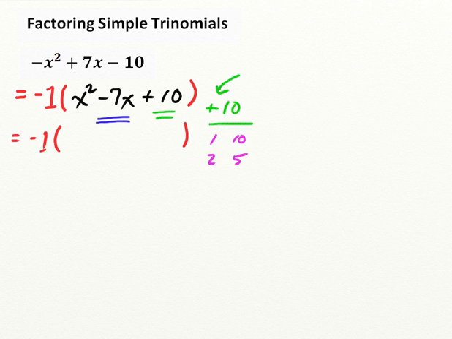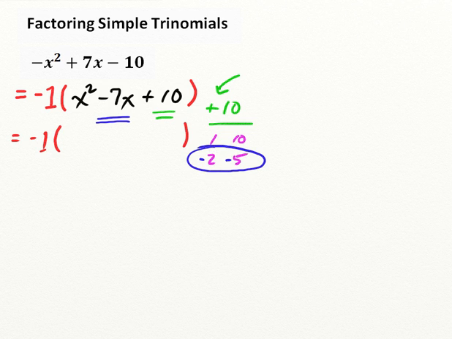So we just have to look at this middle term in blue here, and we just have to decide, oh, well, both of these terms to get negative 7 would have to be negative. And this is the pair that gives me that negative 7 that I need. So negative 2 and negative 5 added together will give you negative 7.